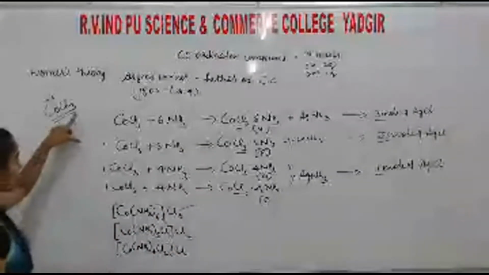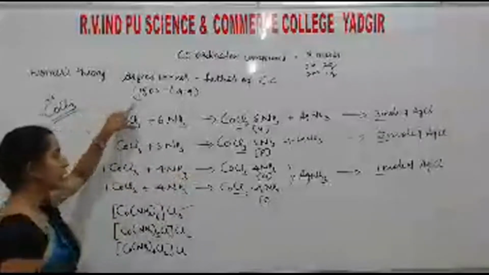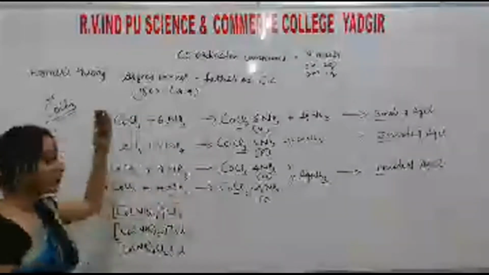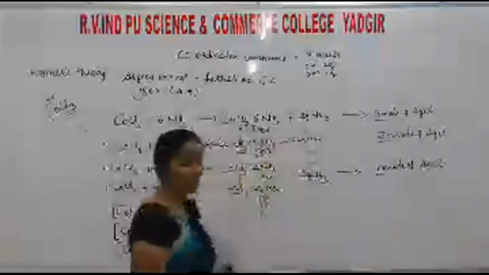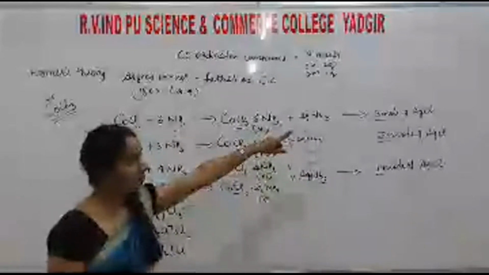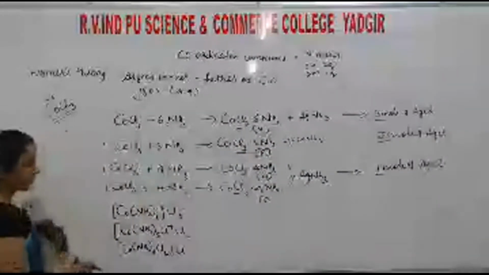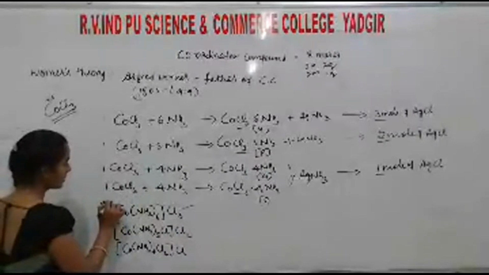So based on these experiments, students, first we reacted the CoCl3 molecule with different moles of ammonia and got different color solutions. Those solutions were treated with excess AgNO3 solution, and they formed different moles of AgCl. Based on the respective moles of AgCl, we assume the compounds may be in this form.